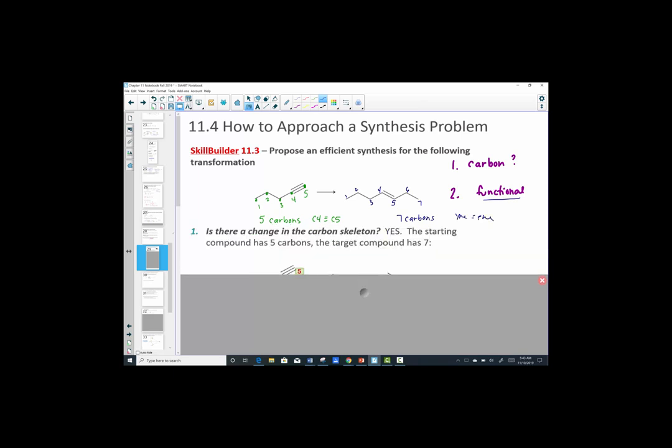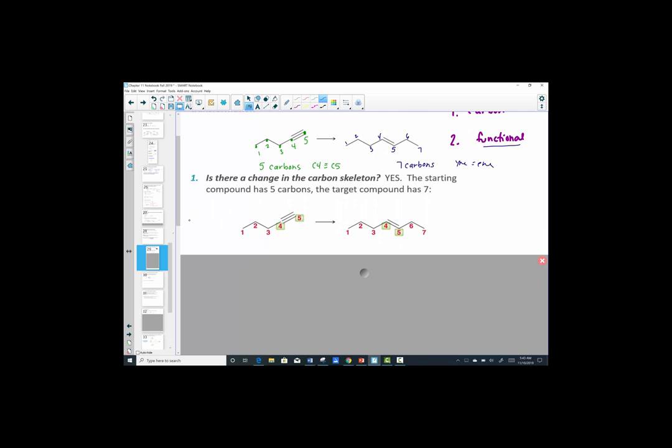So those first key essential questions: is there a change in the carbon skeleton? We said yes, there is, because I started at 5 carbons with a triple bond between 4 and 5, and now I'm noticing that it's a 7 carbon chain on the product side, so we have to add 2 more carbons.